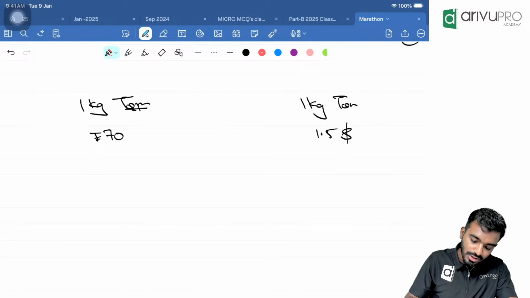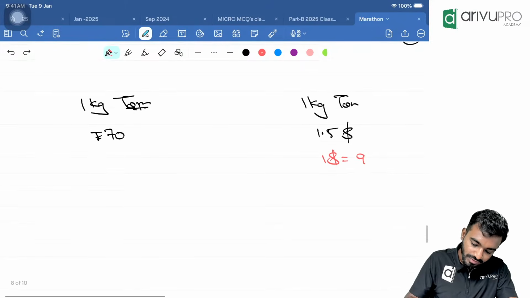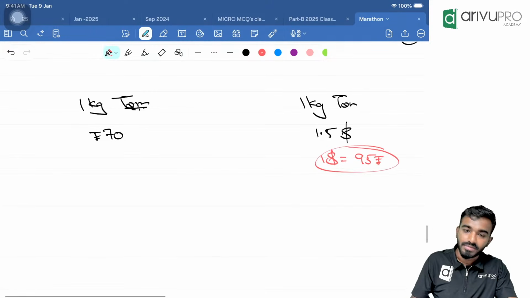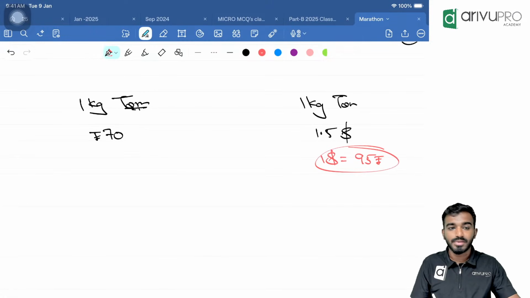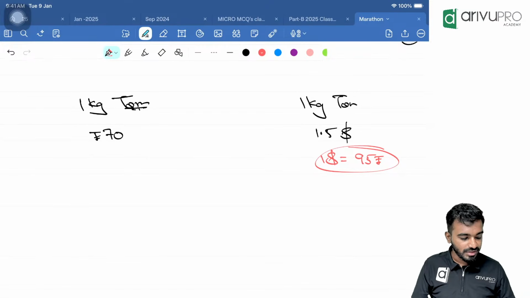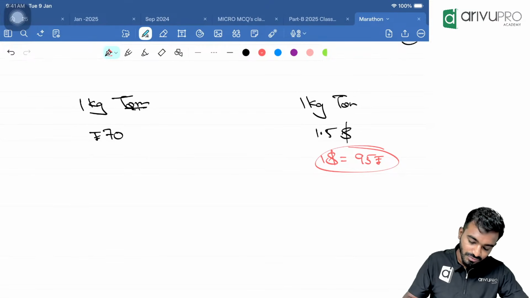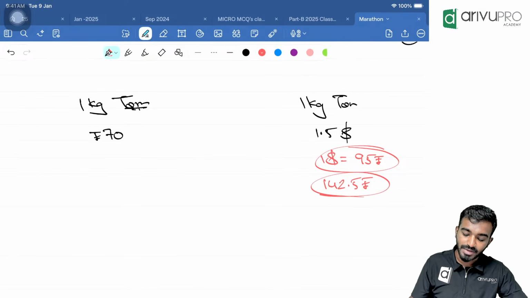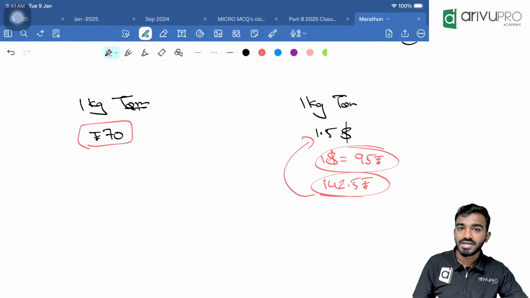Now, $1 is 95 Indian rupees, considering a round figure. So 95 into 1.5 means it is 142.5 rupees. This is the price of tomato in terms of Indian currency. But in India, we get it for 70 rupees.